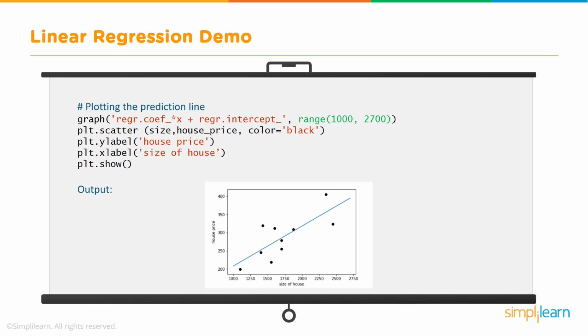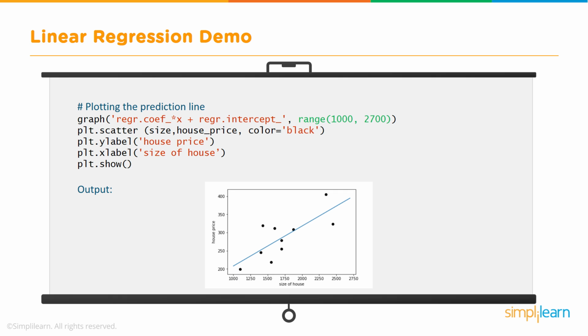So once we've done that and it's put all those dots on our PLT, our plot, then we're going to add one more setup on there. We're going to do a scatter plot. And on there we're going to put the size, the house price. Remember our original data? We're going to put that right in there. And then we're going to put those in black dots. And then finally we want to go ahead and add some labels to our plot. And you can do that simply by doing the plt.ylabel.